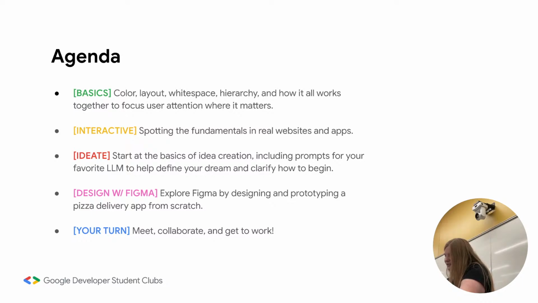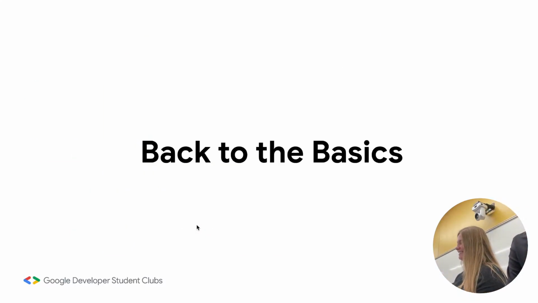So this is our first slide on hierarchy. It kind of gets you, right? You definitely look at the first, you'll read this, then you'll read this, and then this, and then you'll probably see this last.